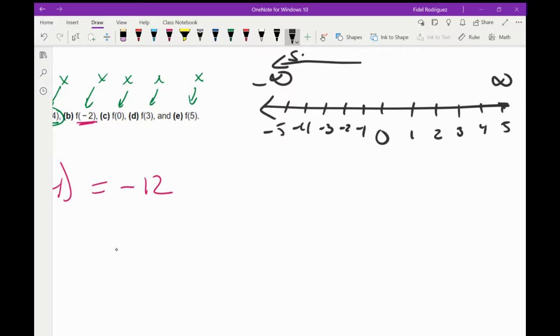As you keep going this way, that's smaller. And if you go this way, that's bigger. So any number that's to the left of another number is always going to be smaller. Think about it this way: negative 5 and negative 2. Which number is smaller? Negative 5 is smaller because it's further to the left, right?